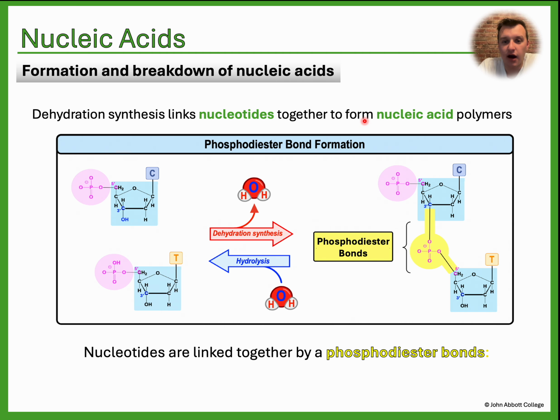Formation and breaking of nucleic acids. You can do a dehydration synthesis, linking nucleotides together to form a nucleic acid polymer. You will take this nucleotide, which has a phosphate, this sugar, and this nucleic acid base.